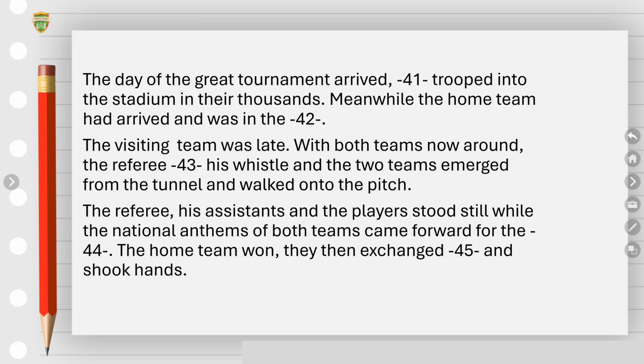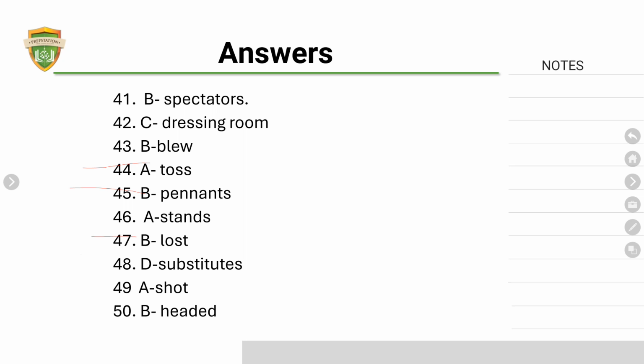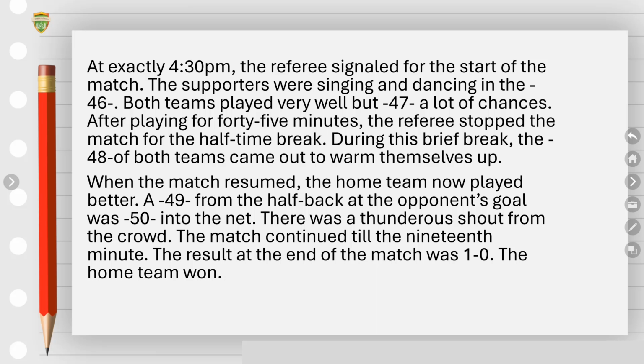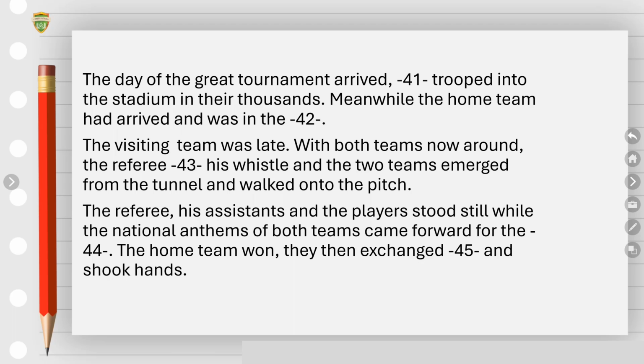The visiting team was late. With both teams now around, the referee blew his whistle, and the two teams emerged from the tunnel and walked onto the pitch. Now let's look at the next. It says, 44, the referee, his assistants, and the players stood still while the national anthems were sung, and both teams came forward for the toss.